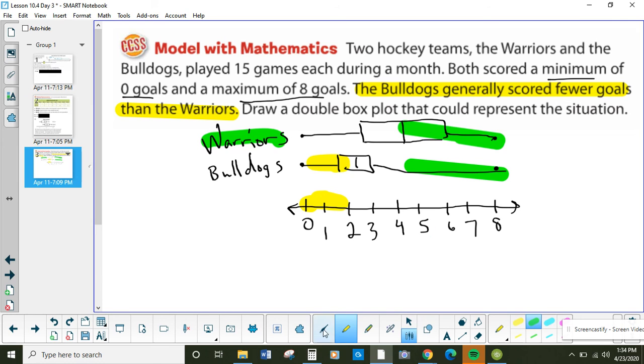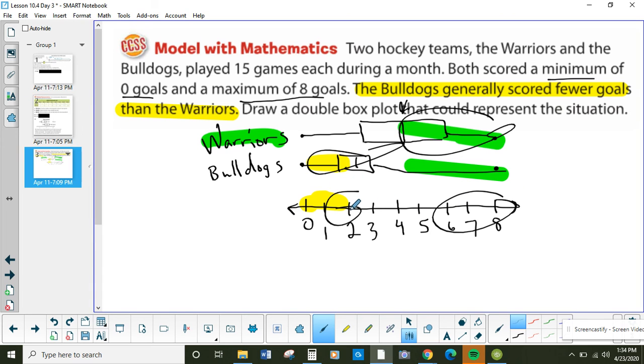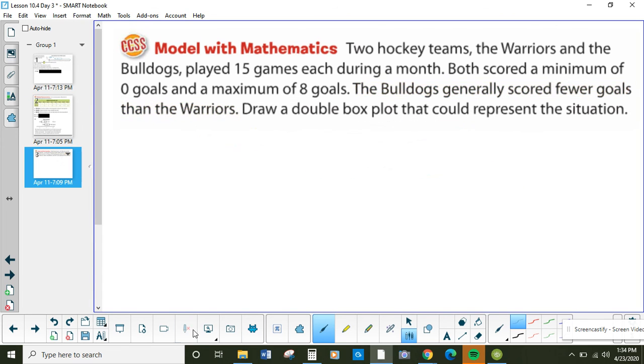So you would have to show, when you tried this, I hope that you knew enough about box and whisker plots to show that the medians and just more data was farther over here than it was for the Bulldogs. That would have been a correct answer for this problem.